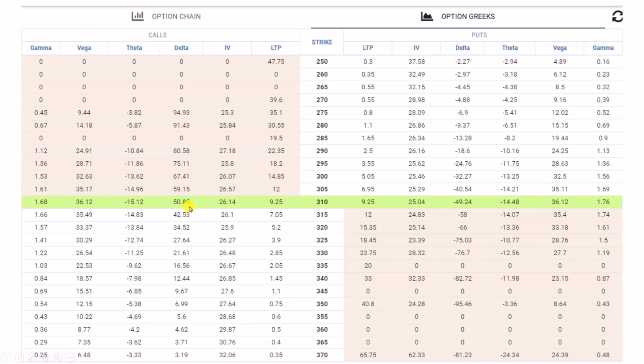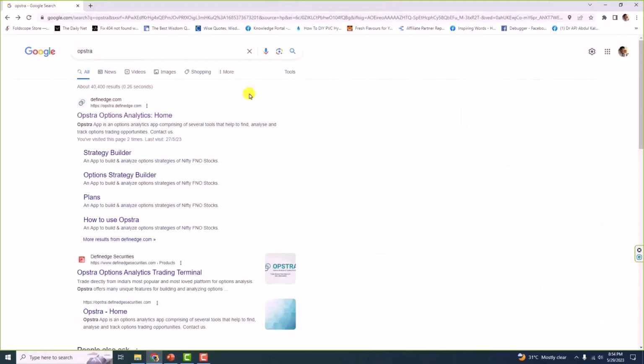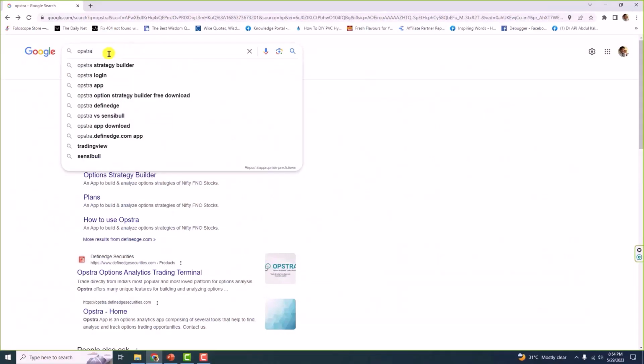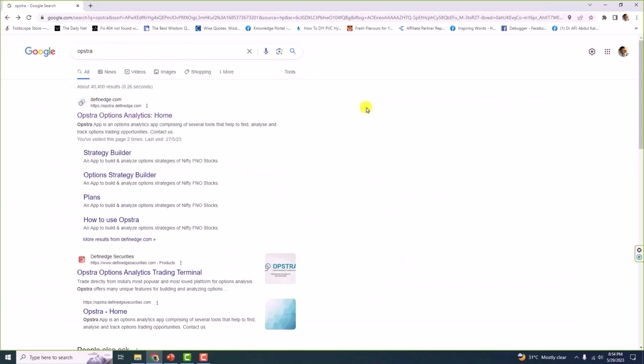Now let me go to my desktop and show you which website I got this screenshot from and how you can get it too. Go to google.com and search Opstra, O-P-S-T-R-A, and go to the first result by DefineEdge, opstra.defineedge.com.